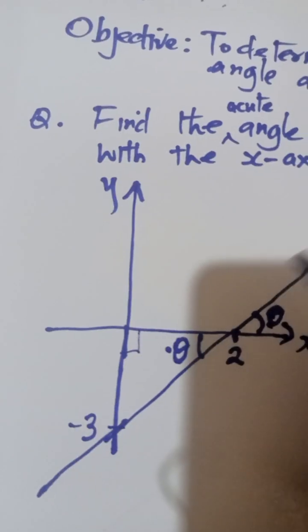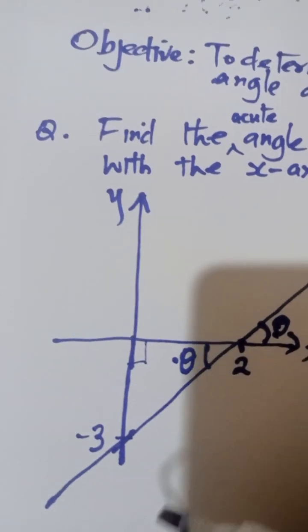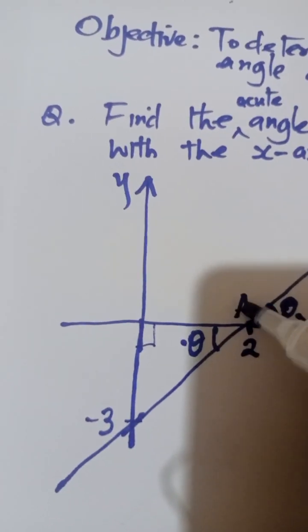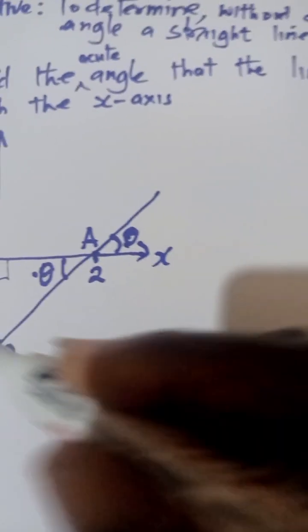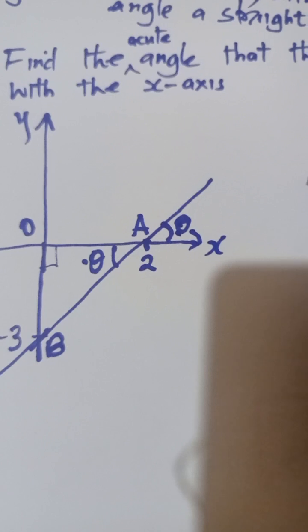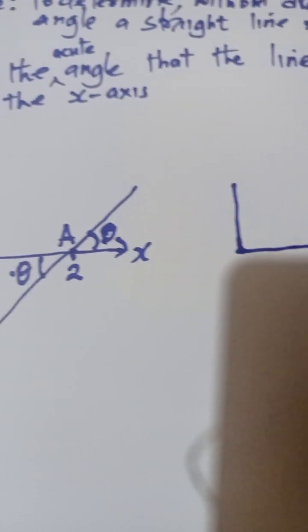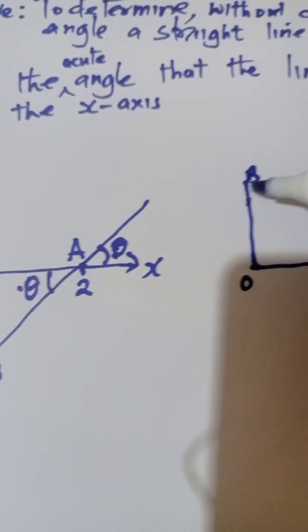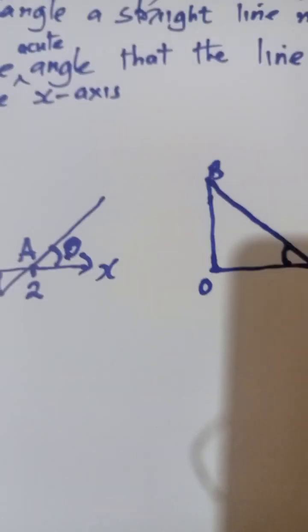So when we have a straight line cutting the x and the y-axis, a triangle is formed, what we refer to as a right-angled triangle, which in this case I can choose to call A, O for origin, and then B. If we extrapolate that triangle AOB from the Cartesian plane, we'll have something like this, where we have our A, our B, and our O, and the angle in question is this.